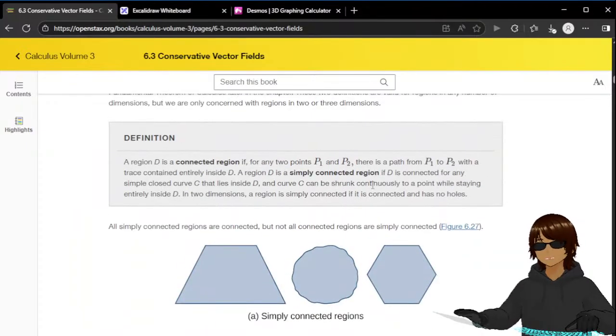Region D is a simply connected region if D is connected and for any simple closed curve C that lies inside D, curve C can be shrunk continuously to a point while staying entirely inside D.